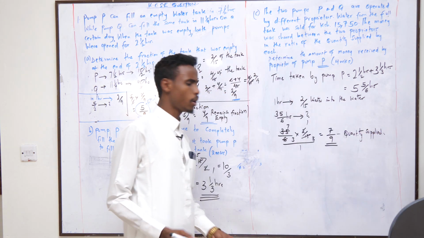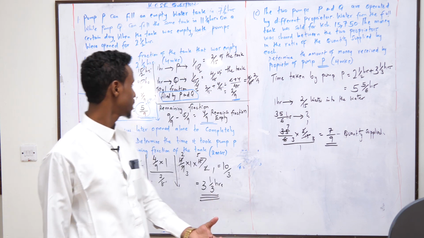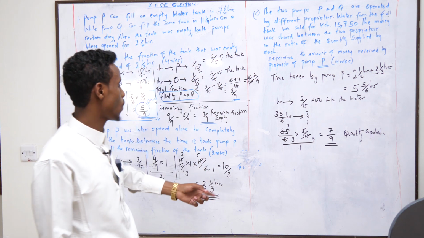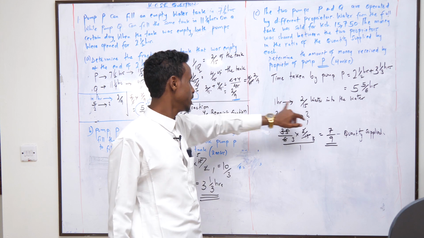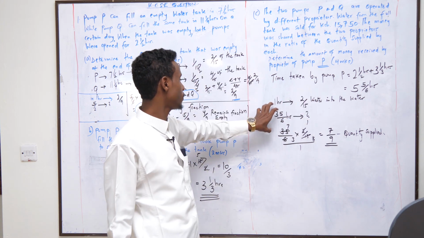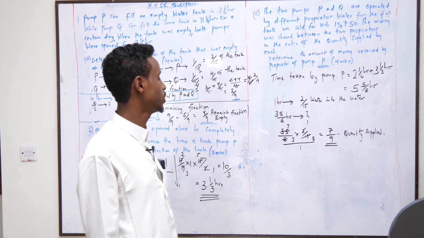Now you got the quantity supplied by pump P by simply taking the total time taken by pump P. If in 1 hour it was supplying this amount of water, what about the total hours it took? It supplied 7/9 of the quantity of the water.